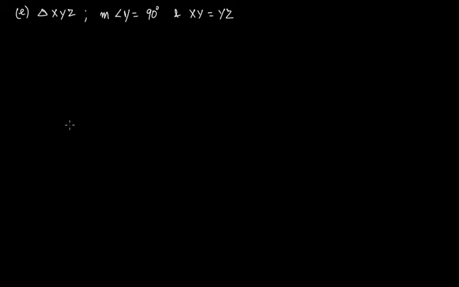In this question, you have triangle XYZ with measure of angle Y as 90 degrees. So again, the first thing that should come into your mind is that, okay, it is 90 degrees, therefore surely it is a right angled triangle. That is for sure.